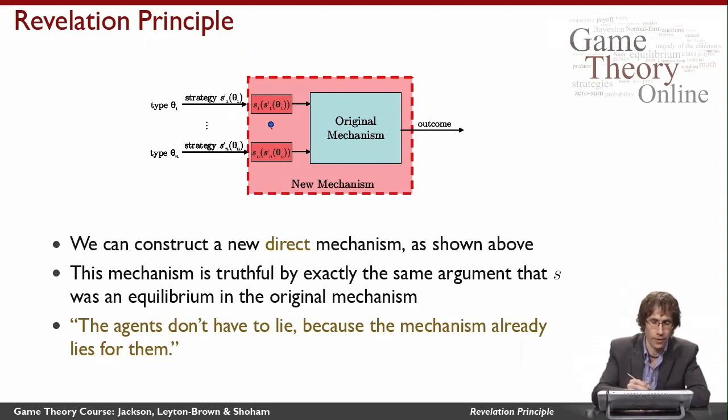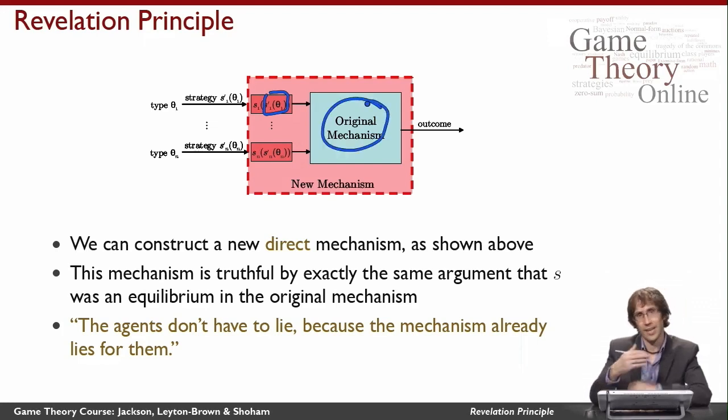I'll then take whatever he declares to me, and I'll believe him that that's his type, and I'll stick that into S, the strategy profile that we had before, which is our previous equilibrium in the original mechanism. So I'll take that type, I'll then figure out what strategy he would have played in the original mechanism if his type had been what he declares to me, and then I'll simulate the original mechanism.